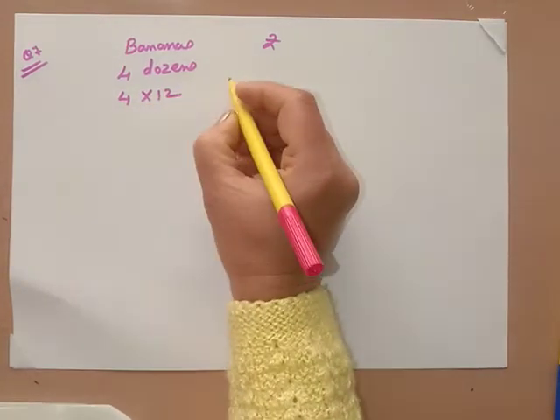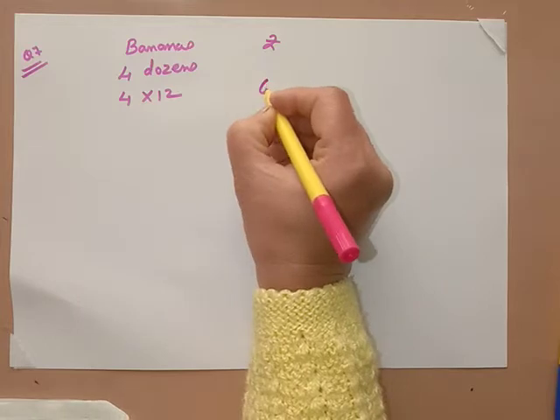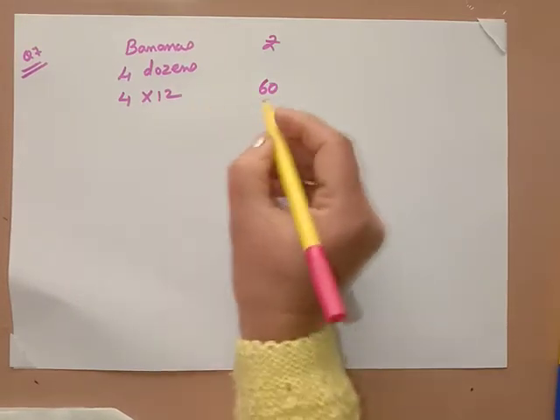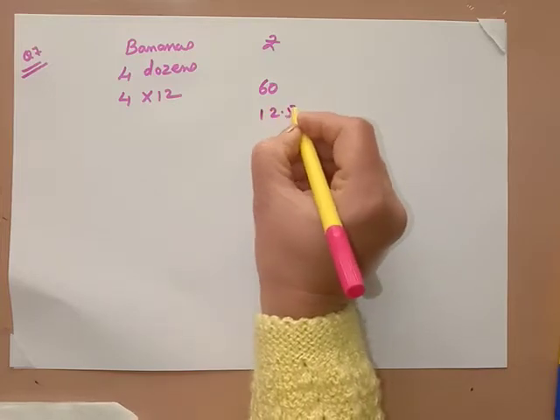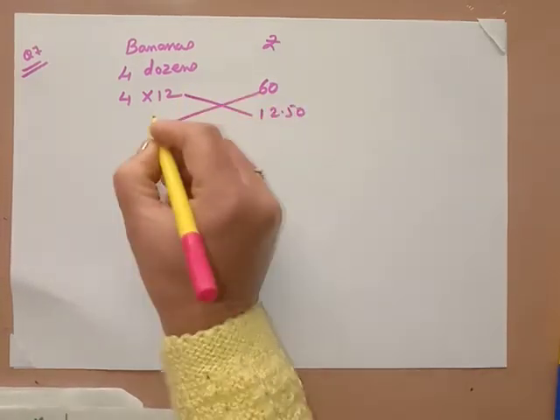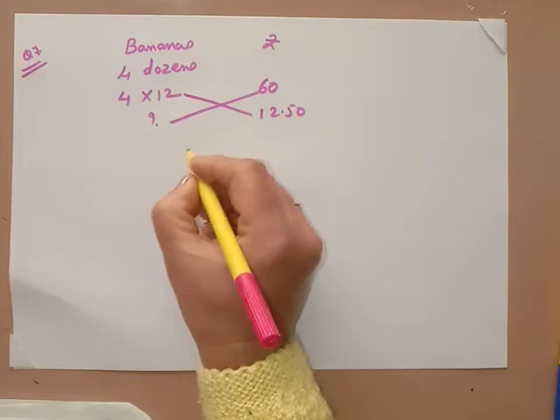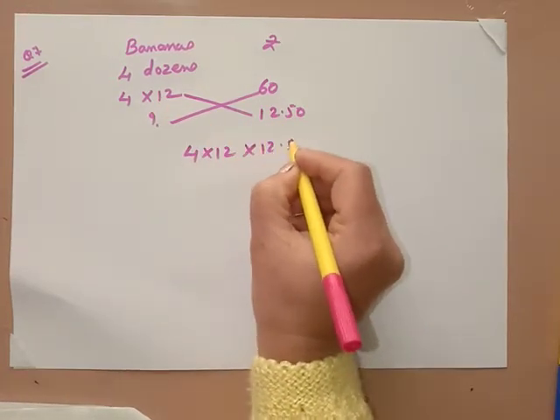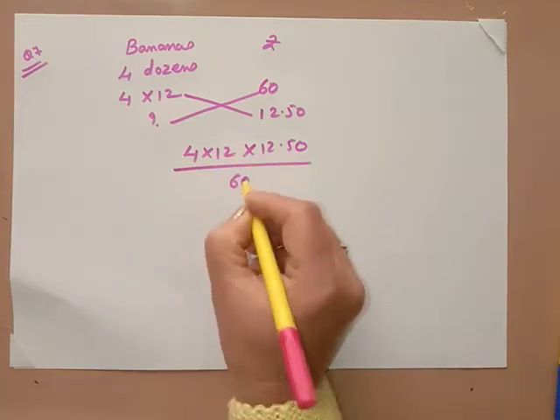So 4 dozen bananas cost is rupees 60, and they told how many bananas can be purchased for rupees 12.50. Now we'll cancel it, cross multiply. 4 into 12 multiply by 12.50 upon 60.